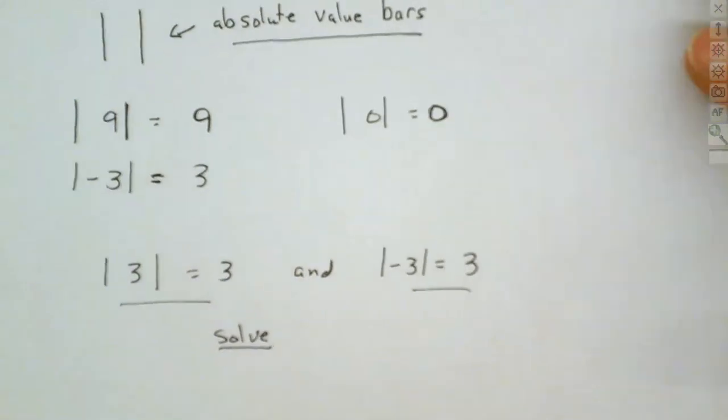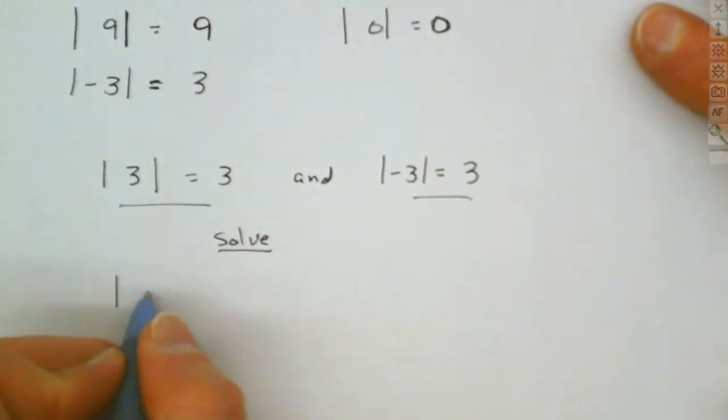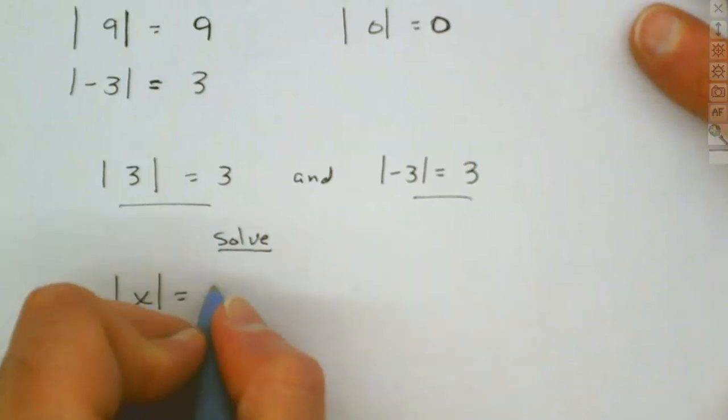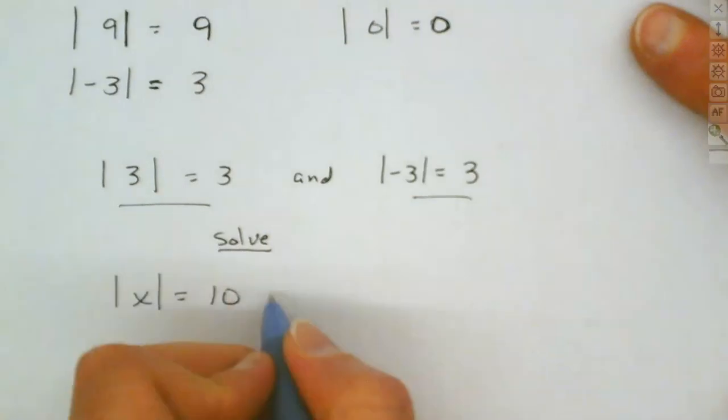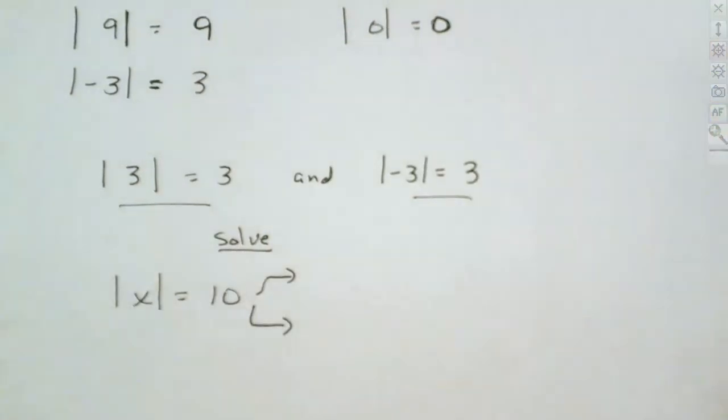So let's try to talk through and discuss this one. Absolute value of x equals, how about 10? What two numbers can give you an absolute value of 10 just by looking at it? Well, x could be 10, right?